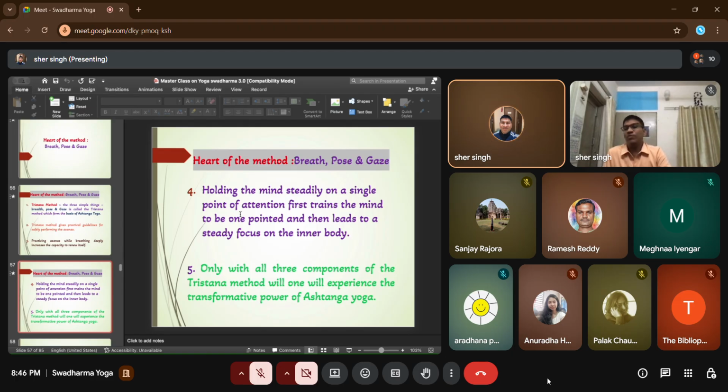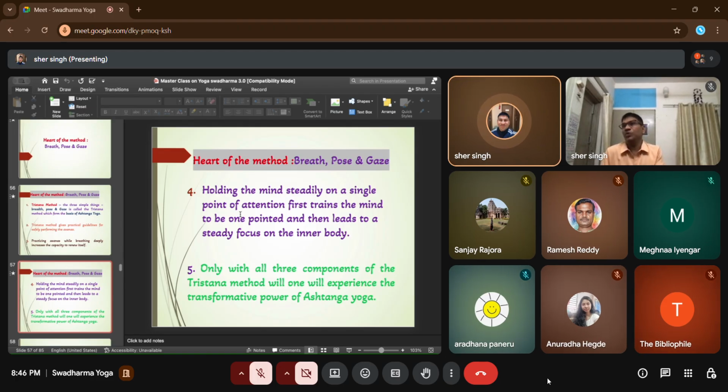This is the beauty of it: when we practice pose, breath, and gaze simultaneously, it becomes like a moving meditation. I have practiced this way. Our guru always says do not rush, do not try to do too many asanas in one practice, but try to focus on your breath and gaze in each asana.